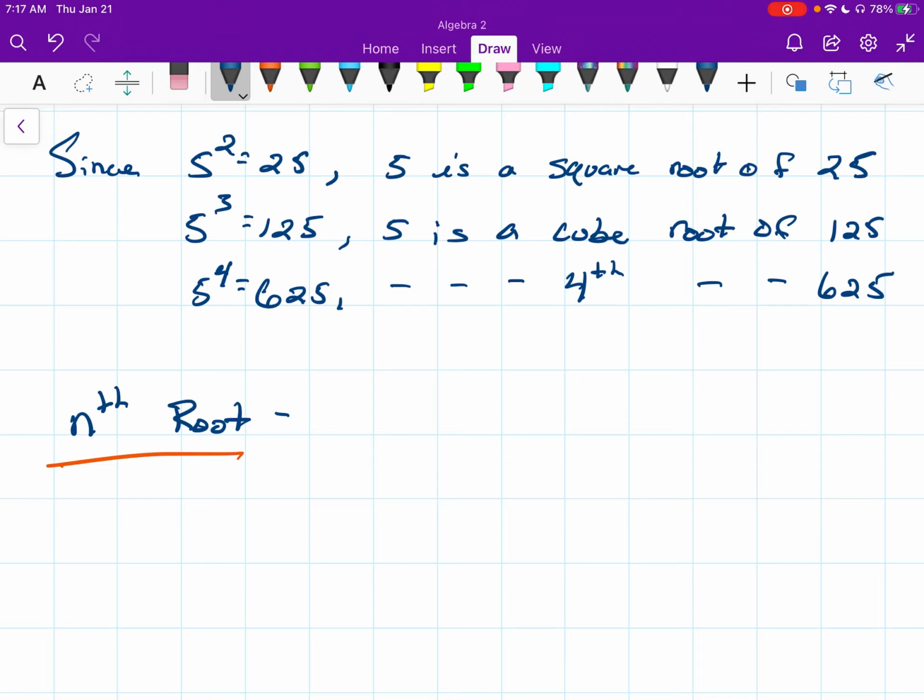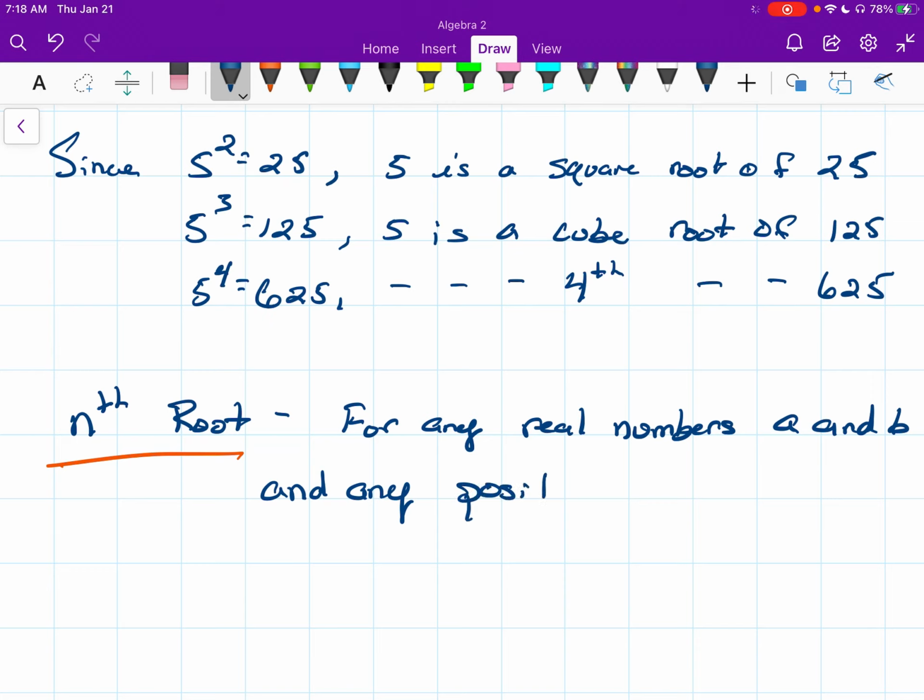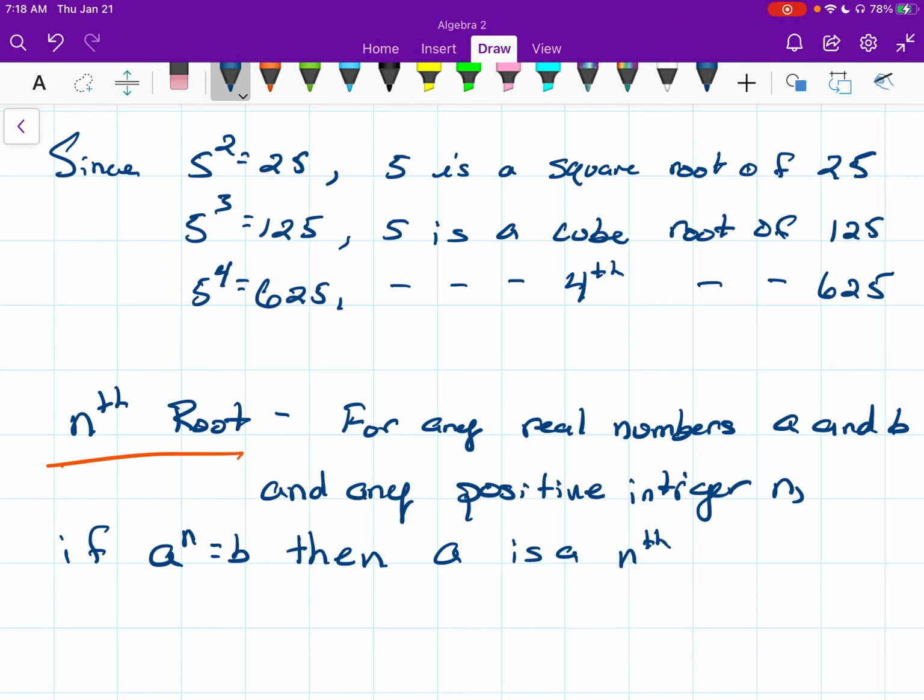And this is actually kind of a theorem definition. We say for any real numbers A and B and any positive integer n, if a to the n equals b, then, if I can spell correctly, then a is a nth root of b.